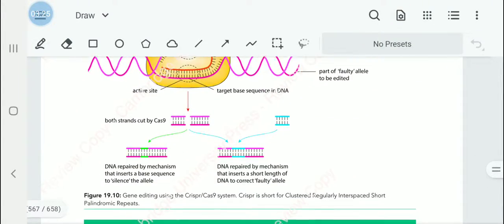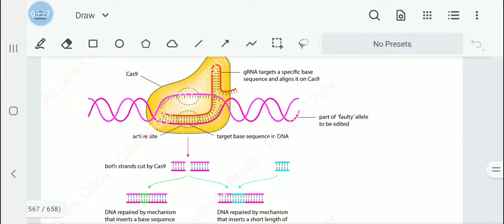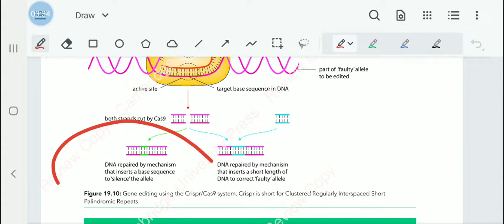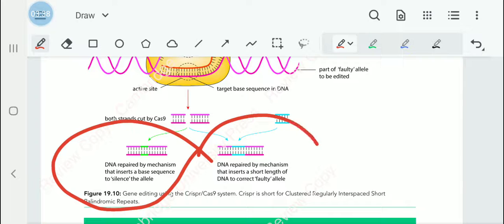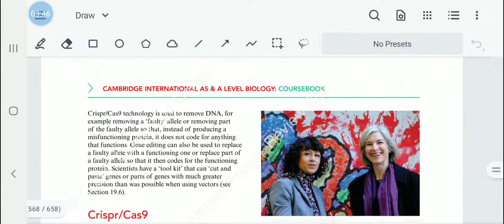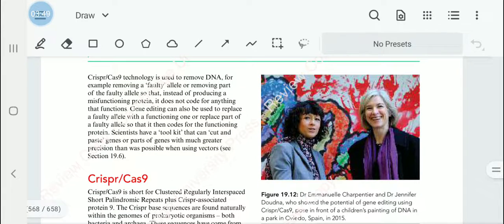It is going to be a known position. As you can see here, DNA is repaired by a mechanism that inserts a base sequence to silence the allele, or it inserts a short length of DNA to correct a faulty allele. So that is the process.